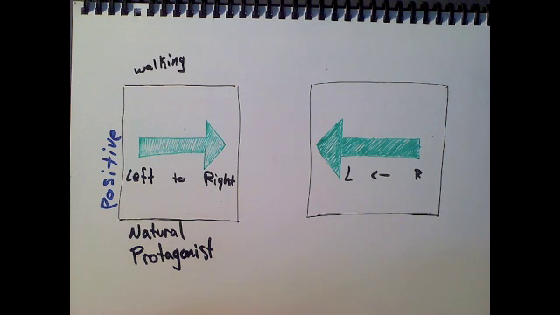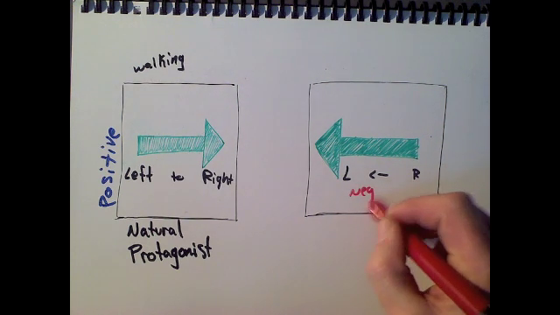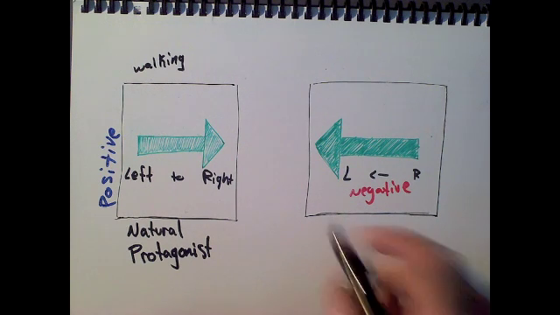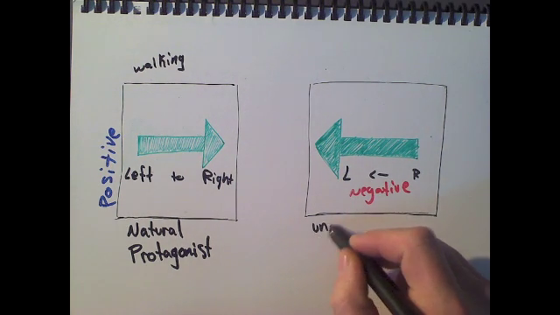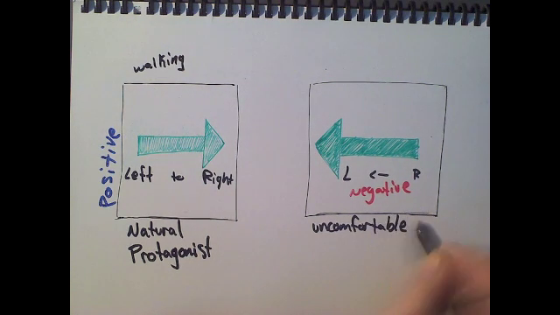Now, as you can guess, moving in the opposite direction, from right to left, is typically negative. So this is an uncomfortable movement.